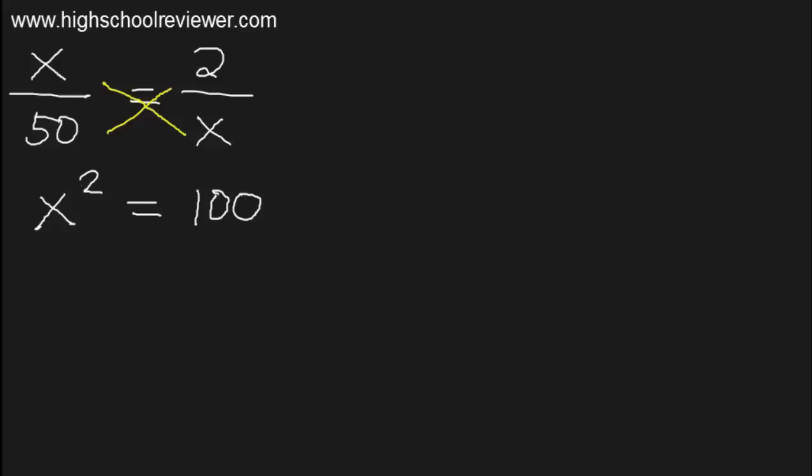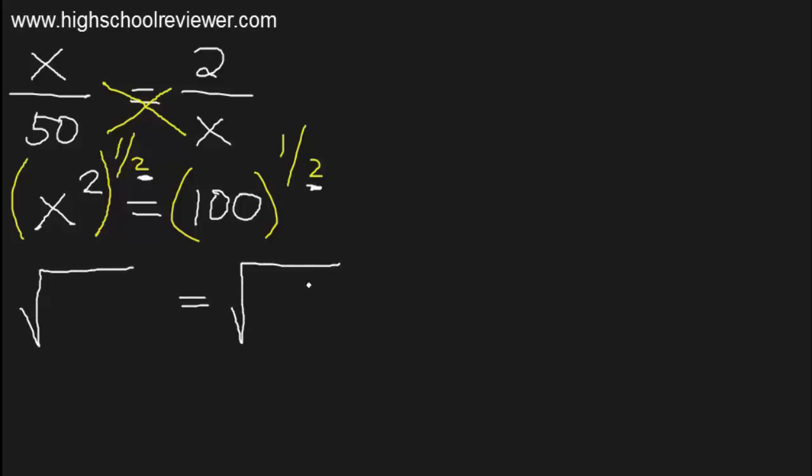So to solve for x, we need to extract the square roots. To extract the square roots, we are going to raise both sides of the equation by 1 over 2. Now, since the denominators are the same, which is 2, this is equivalent to the square root.